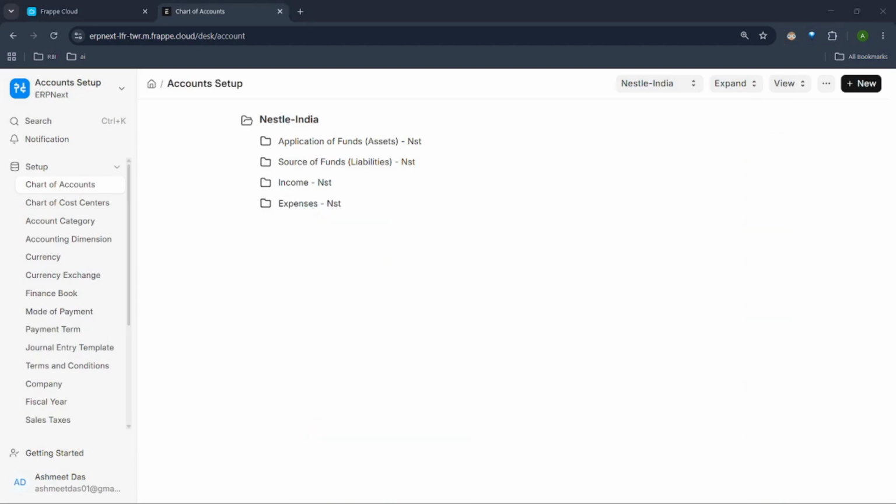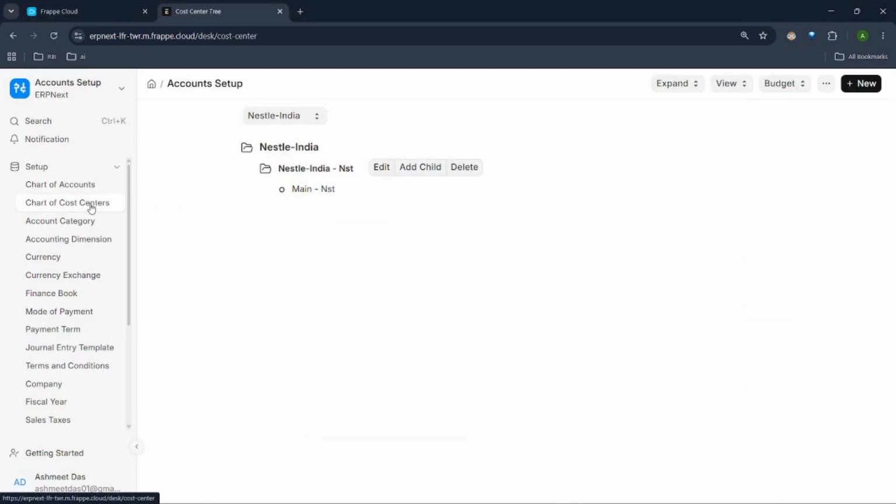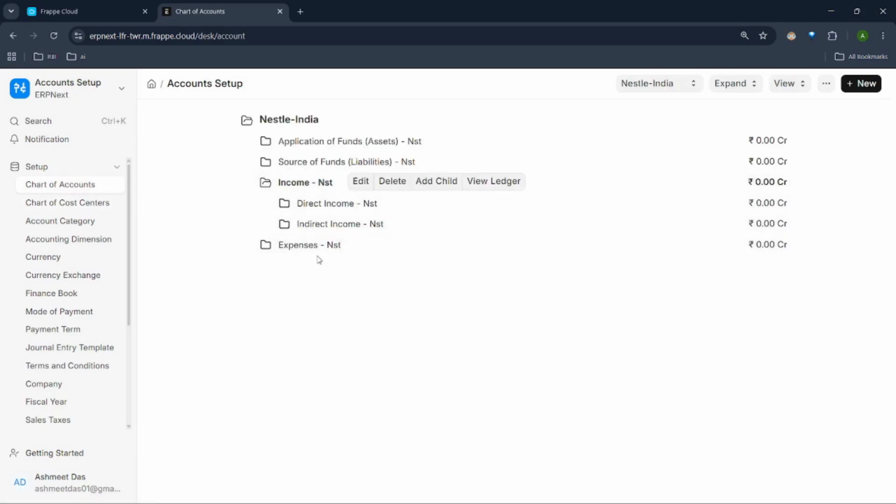A cost center is used to categorize our departments or branches or projects in accounting. It makes tracking much easier. For example, there are marketing expenses. If we add marketing expenses for each individual location in the chart of accounts, it will make it more difficult to keep track of it.